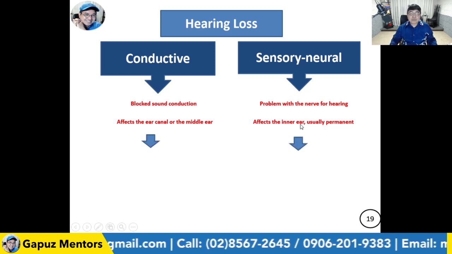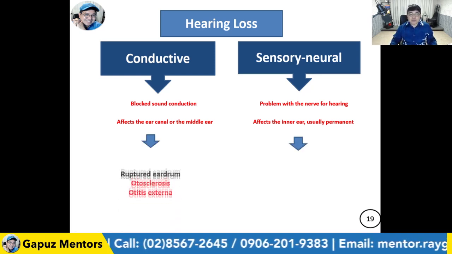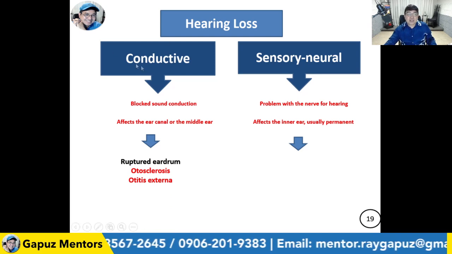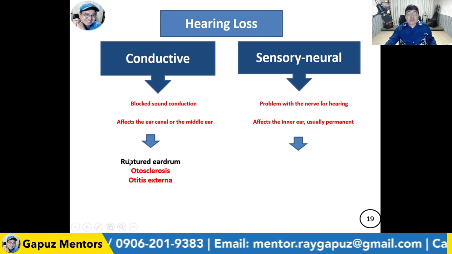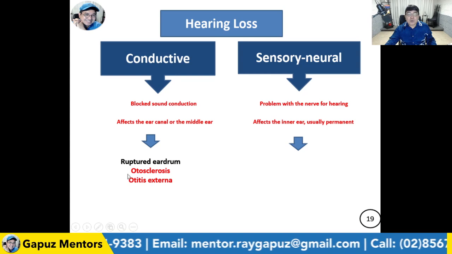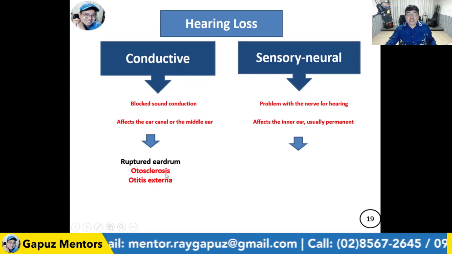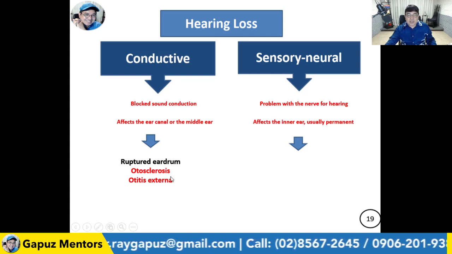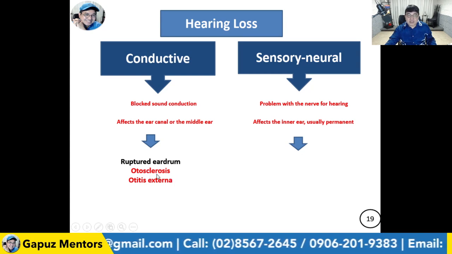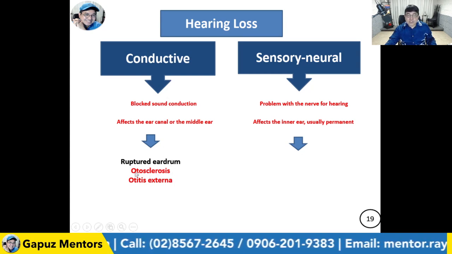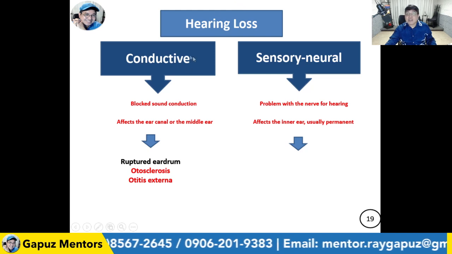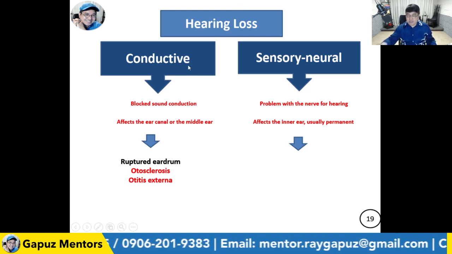Now, what conditions could actually lead to conductive hearing loss? Okay, so ruptured eardrum, otitis externa, and otosclerosis. Okay, so if the patient has otosclerosis, what type of hearing loss occurs? The answer, conductive hearing loss.